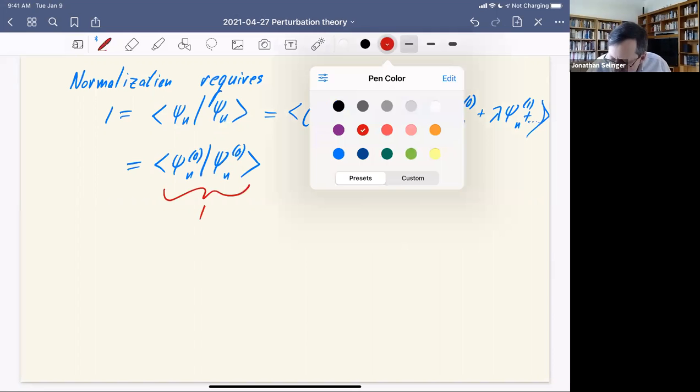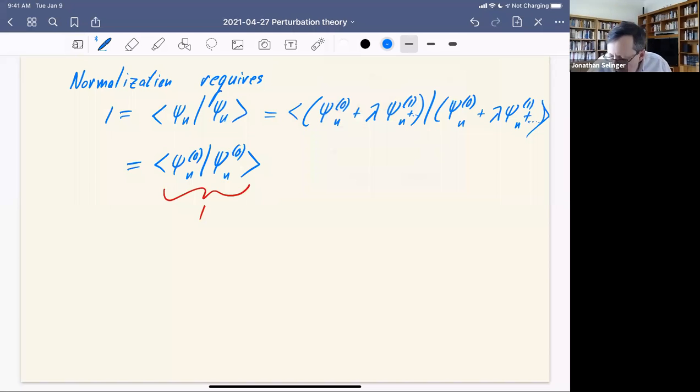Then we have terms that are first order in lambda. So plus lambda times, what's first order? Well, we could have the 0th order term here, inner product with the first order term over there. Or we could have the first order term over there, inner product with the 0th order term over there. Those are the only ways you can get something that's first order.